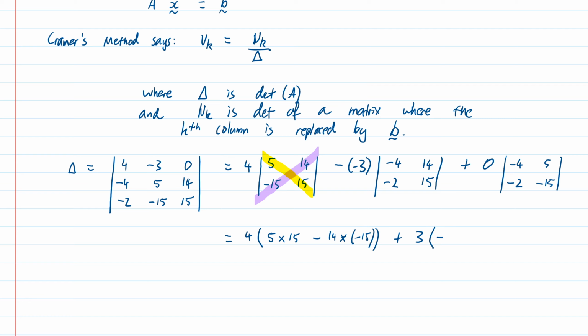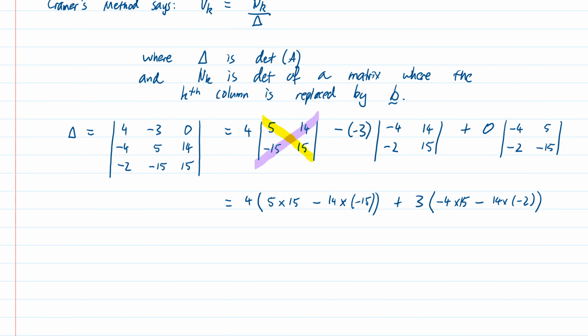So that's minus 4 times 15, minus 14 times minus 2. And then the last term is 0. So this now is just a big, long formula. So we basically type this into our calculator. I'll do this in a few steps.